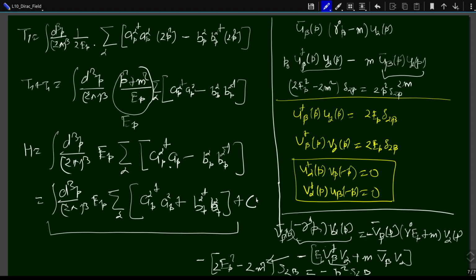Now the important thing to note is that A dagger P alpha creates a state of particles represented by the spinor U. The wave function of that is spinor U, and it is a positive energy state, because E is positive, with the given momentum. You provide the momentum and then ask what the energy is. The same is happening with the B operator. So antiparticles are not really negative energy states.